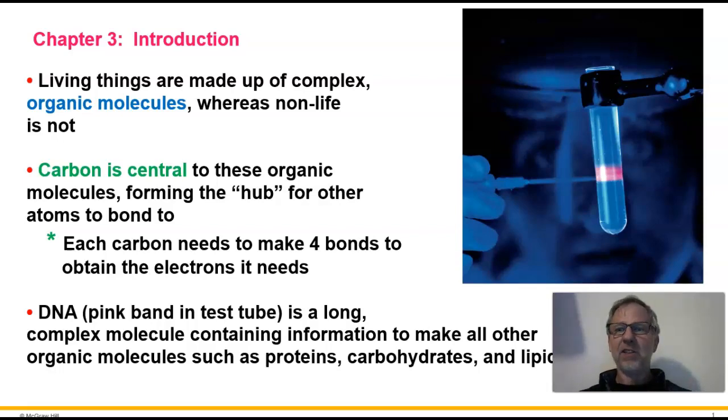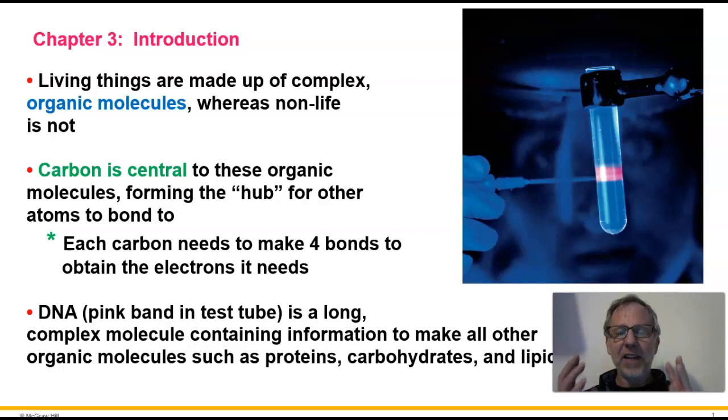The figure on the slide shows a scientist holding up a test tube with a pink band inside of it in the solution, and that pink band is DNA. We can isolate DNA from any living thing. We can sequence the information in that DNA and find out what the genes are, the instructions for building organisms.